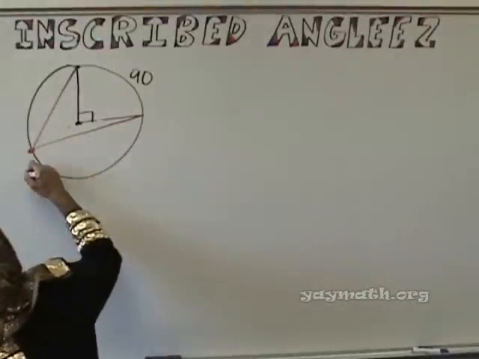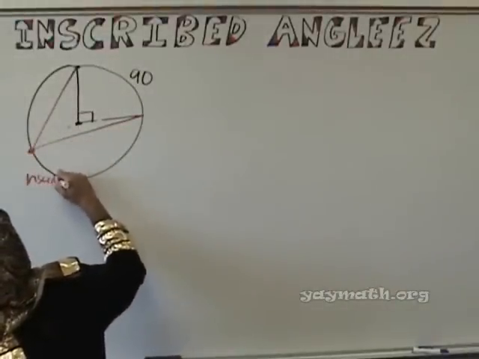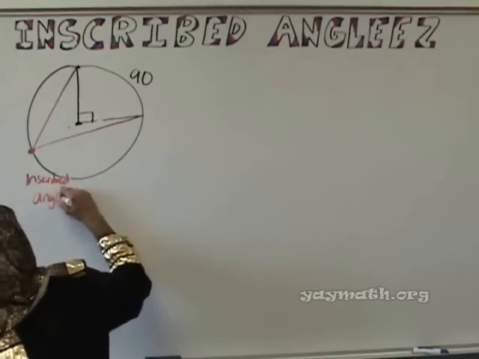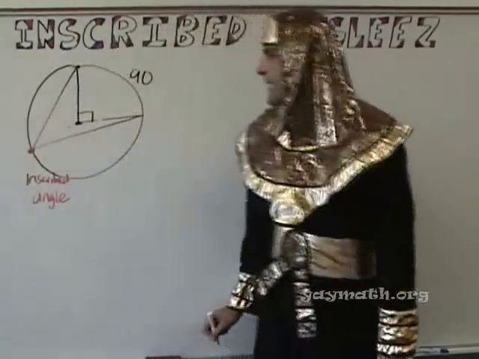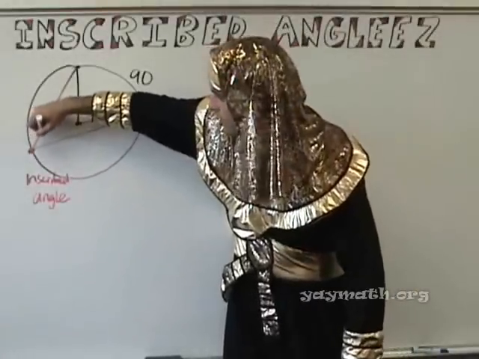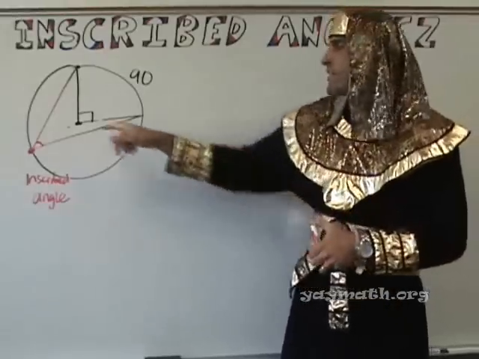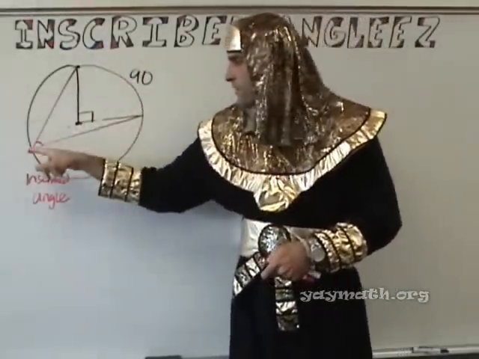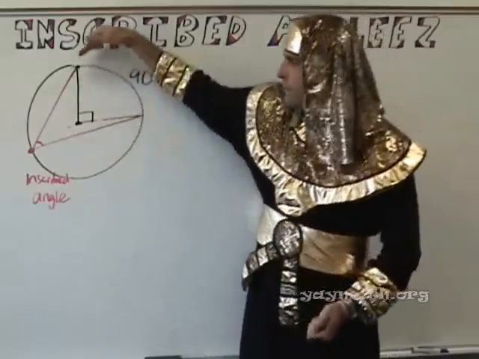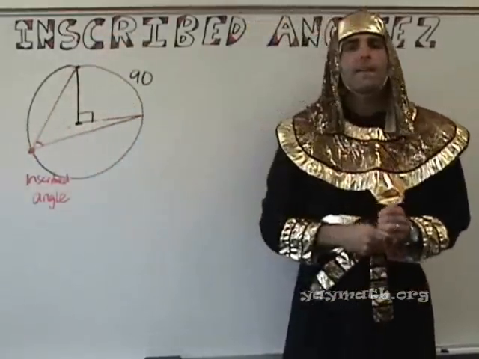It's called an inscribed angle. This angle right here. Okay. Now, notice it doesn't go through the center. It goes through an edge. Right? It goes to the edge of the circle, to the end.